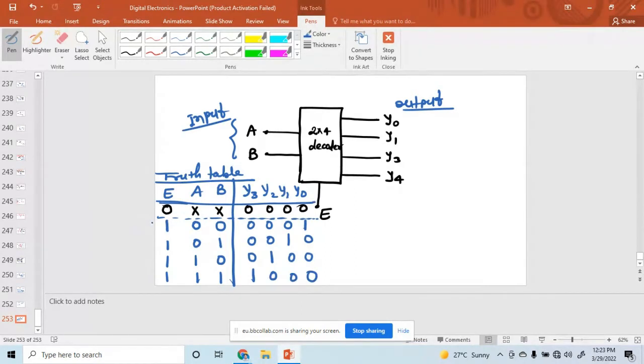Then write down the expression. What is the expression for Y0?